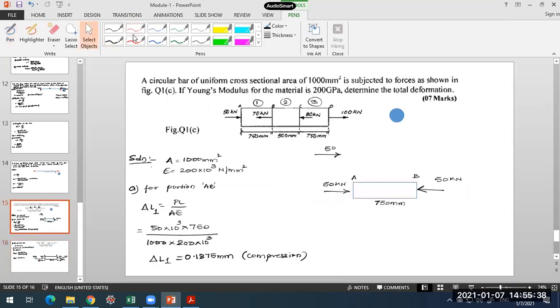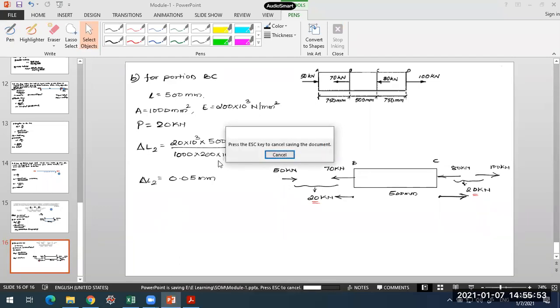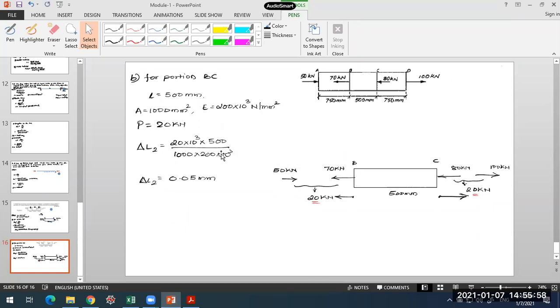To make it more precise, it should be minus here. Compression 0.05 mm. Any other answers? I'm getting one answer, that is 0.05 mm. 200 is gone, 500 by 1000, 0.5. That is the answer if you calculate.